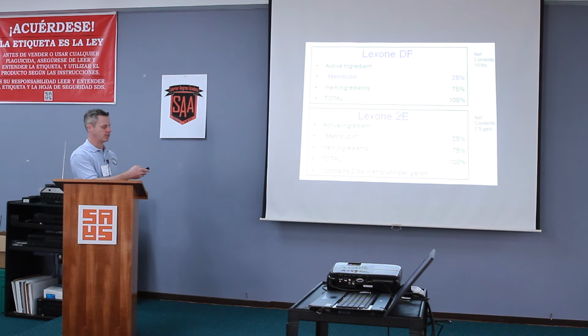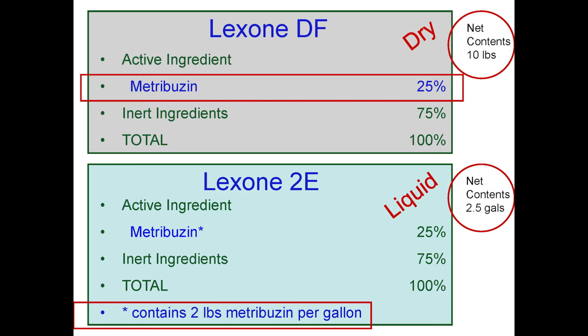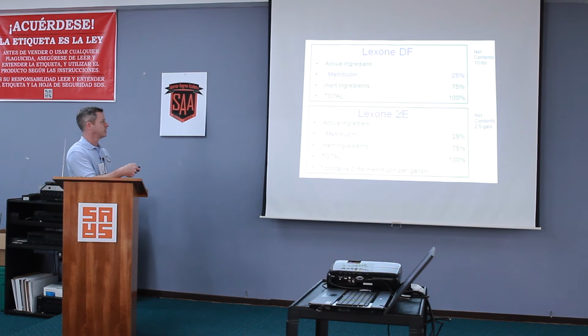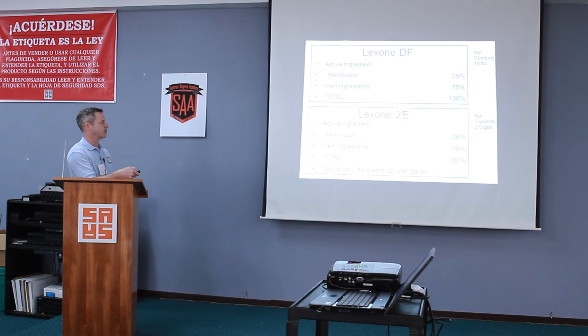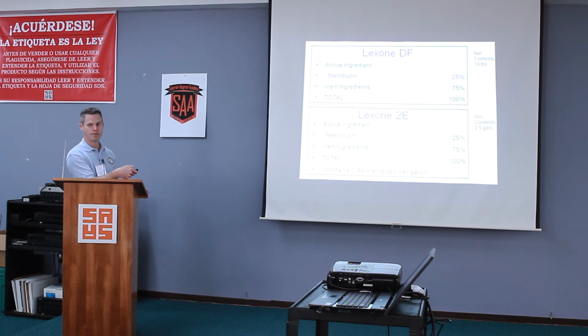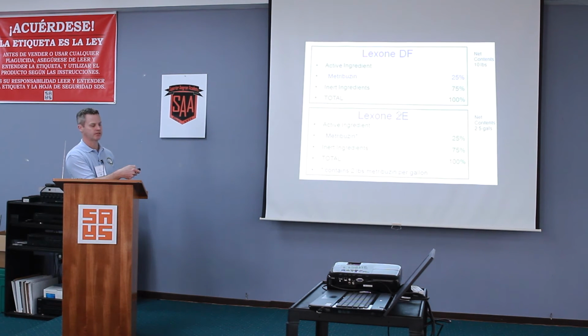So let's look at an example. In this example, we've got a net content of 10 pounds. Our active ingredient is 25%. So what is the amount of active ingredient in pounds? All right, I think I heard 2.5 pounds. So if you need to calculate, that would be 2.5 pounds.